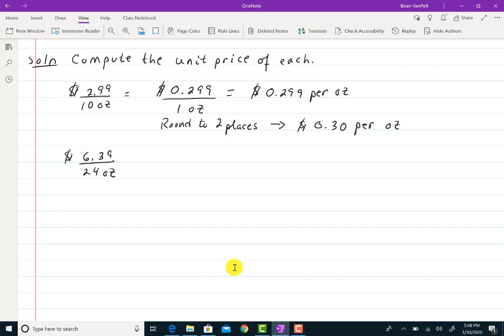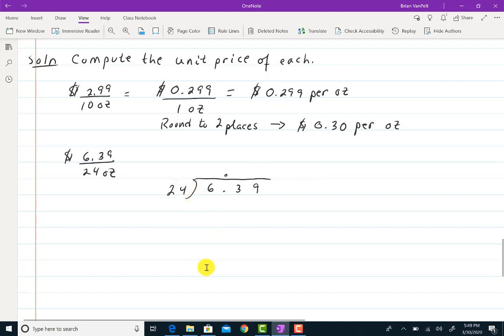So I'm going to have to do 24 into 6.39. Now what I'll ultimately end up doing is rounding my answer to 2 decimal places because we're talking in dollars and cents. Even though I noticed that when I'm at the grocery store, they do go to a full 3 decimal places. But let's go ahead with this.